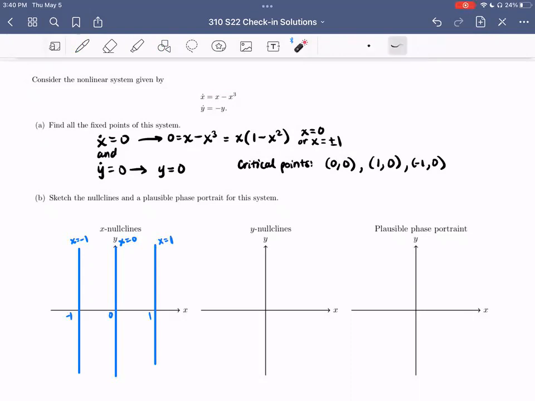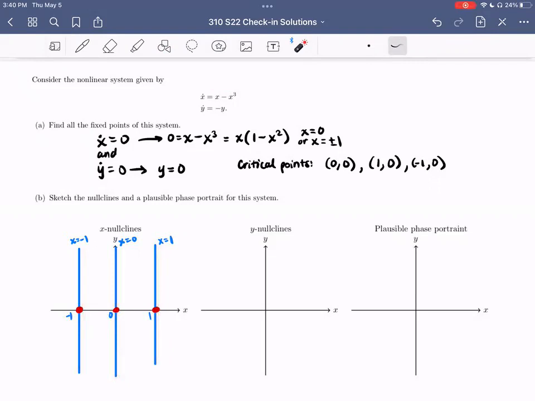The critical points are actually the intersections of the x nullclines and the y nullclines. In this case, I'll sketch them on the plot here just for completeness. The critical points are at negative 1, 0, 0, 0, and 1, 0. Those are the points where y dot and x dot are 0 at the same time. The x nullcline is just when x dot is 0.